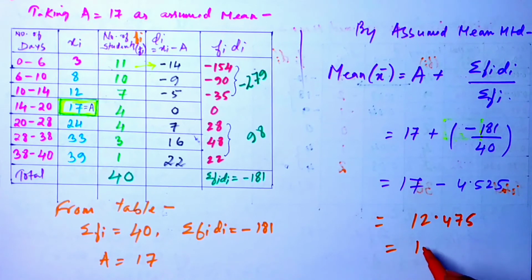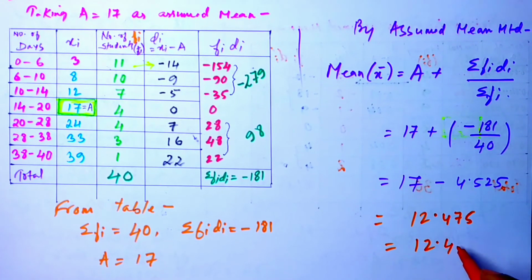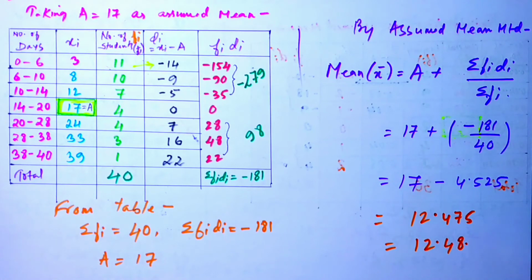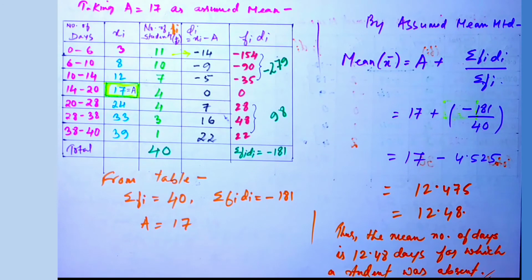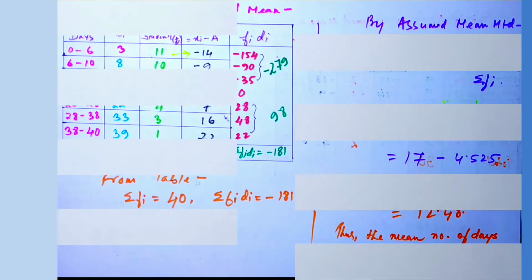Approximately we can write it as 12.48. Therefore the mean number of days is 12.48 days for which a student was absent. So this is our answer.